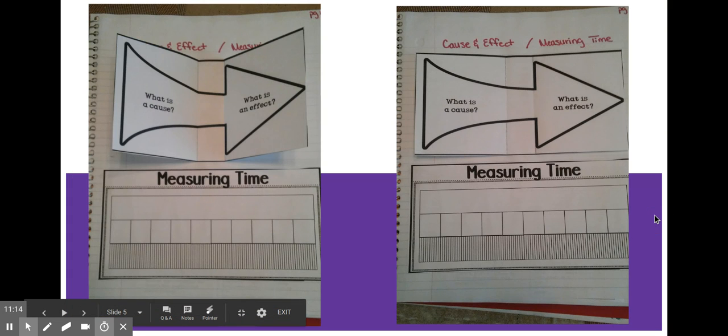Okay, so page 14. Make sure you have your title, cause and effect, measuring time. I know my pictures have it cut off, but make sure that page 14 is in the top right-hand corner, in the bottom right-hand corner. Okay, and he has passed out 2 sheets to you.